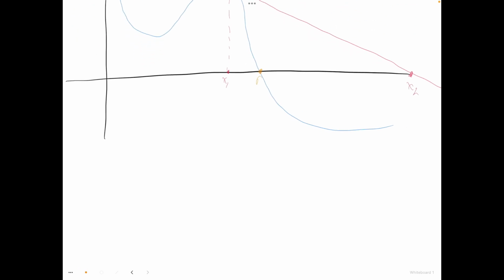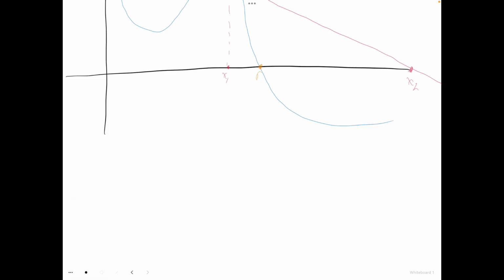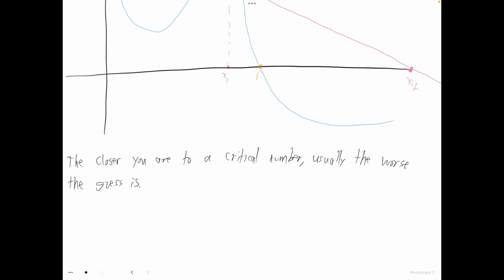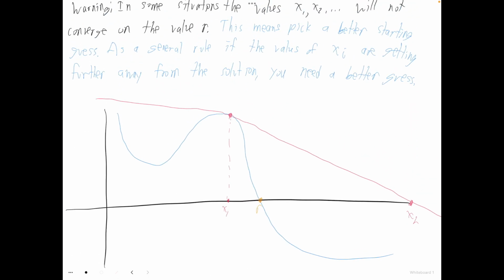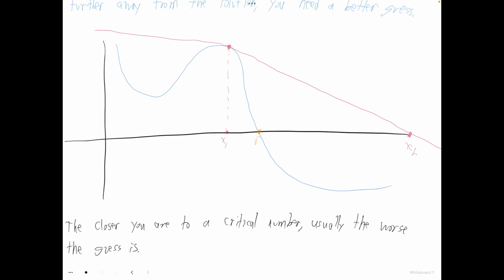Now, a good way to pick these values is that the closer you are to a critical number, usually the worse the guess is. So if you are picking something that's really close to a critical number, that's probably a bad initial guess. You don't want to be very close to critical numbers, because notice what happens at a critical number in this situation.